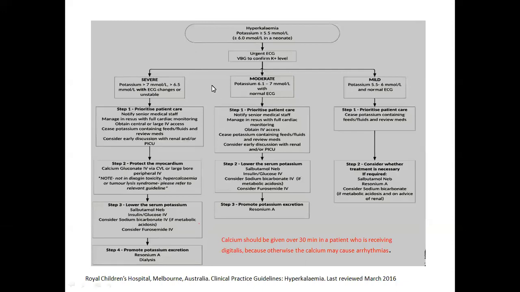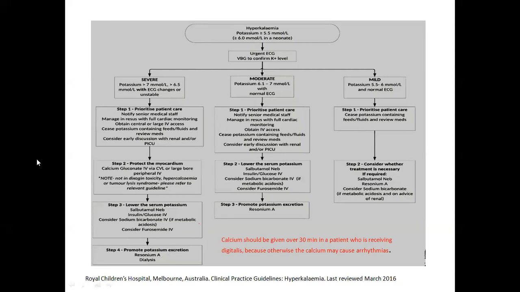In symptomatic, that is ECG changes with severe hyperkalemia, you need to give the protection of calcium because you don't know when the heart can start reacting to the hyperkalemia. So you need to keep providing prophylactic calcium even every half an hour or 1 hour till you get a potassium less than 6.5. And then you need to promote potassium excretion by resonium, furosemide, or if not responding, dialysis.